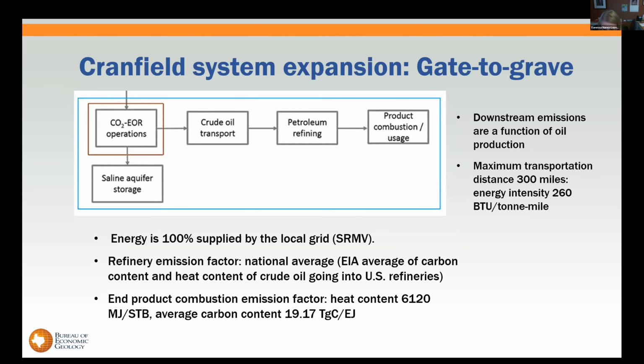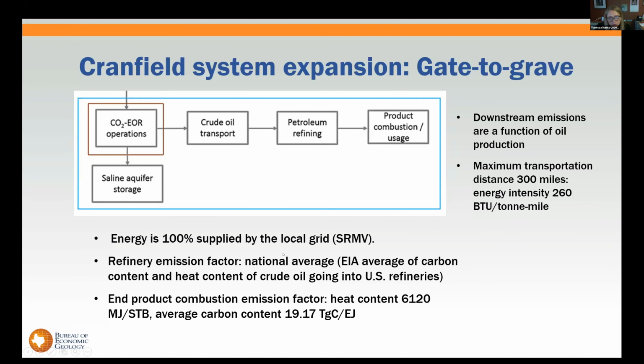This illustrates the components that we included downstream of the CO2-EOR operation: transportation to the petroleum refinery, and then the end product combustion. We assumed that the energy is 100% supplied by the local grid.